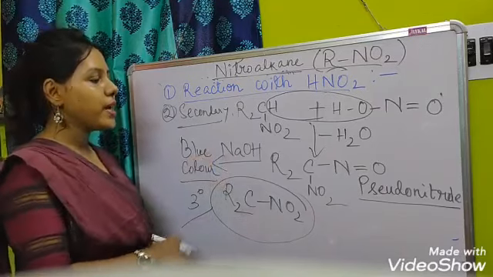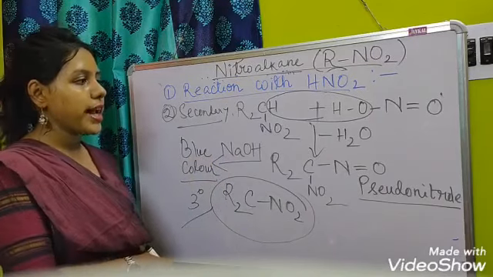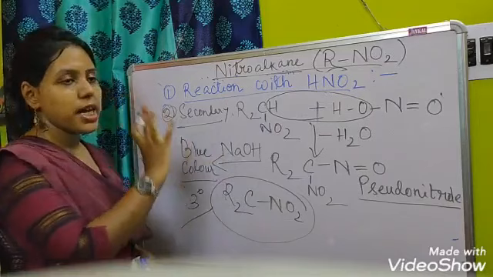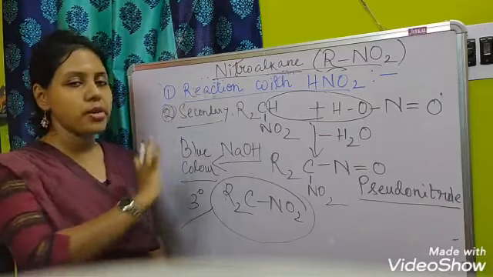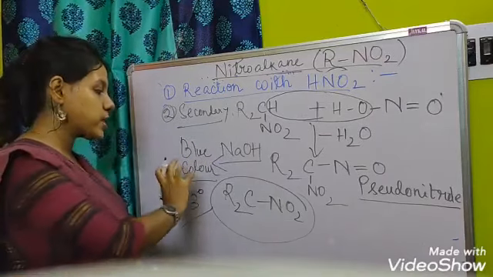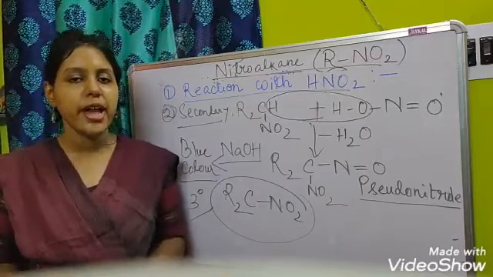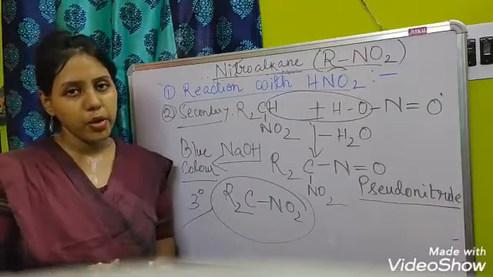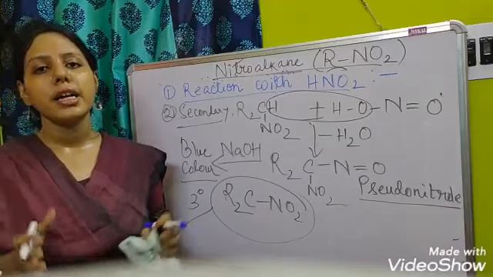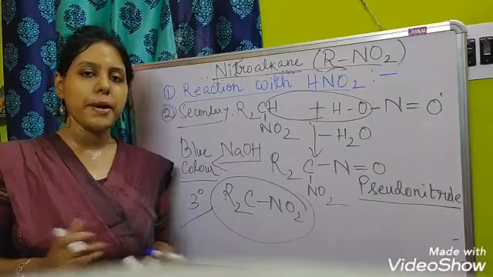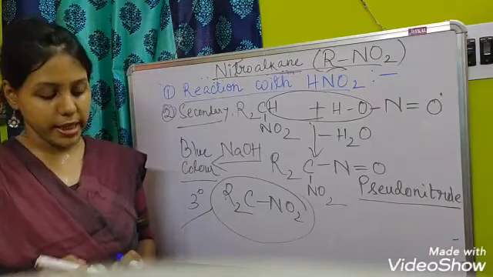The nitroalkane which gives the red colored solution after the total reaction is primary, and which gives the blue colored solution after the complete reaction is secondary. In this way we can differentiate between primary, secondary and tertiary nitroalkane.